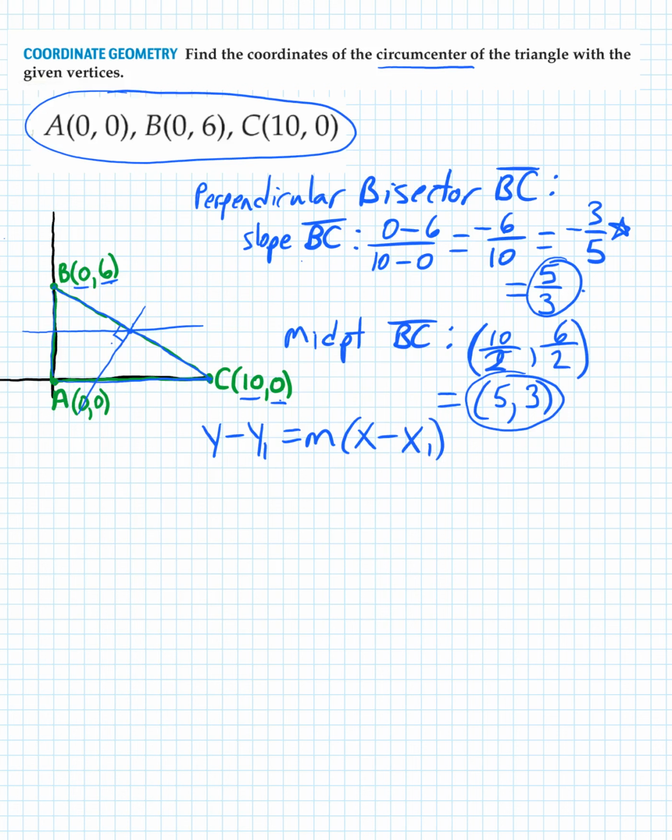For point-slope form, we don't substitute anything in for y and for x, but we do for y1, x1 and m. So y minus 3 equals, and my m is the 5/3 that we found, times x minus my x1, and my x1 is just this x value that we found.